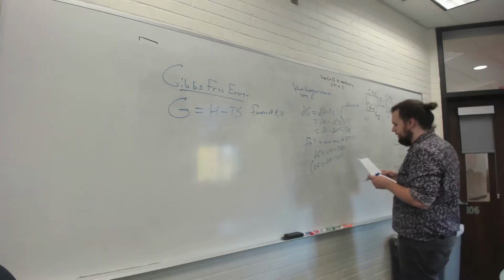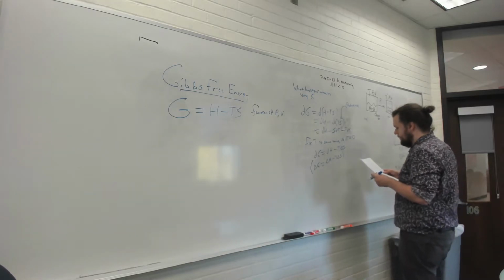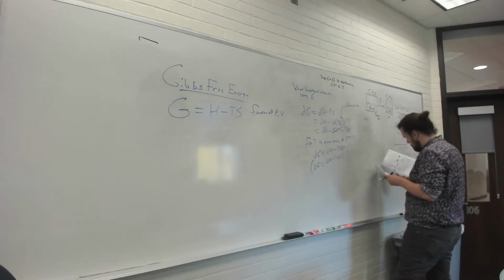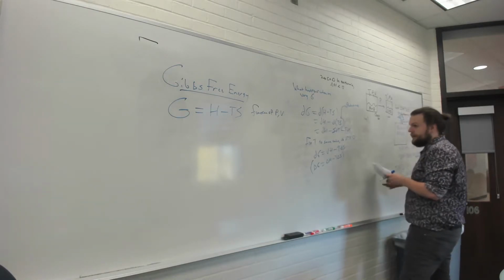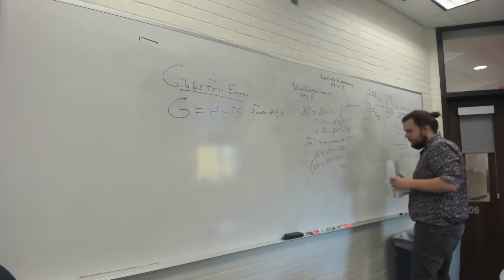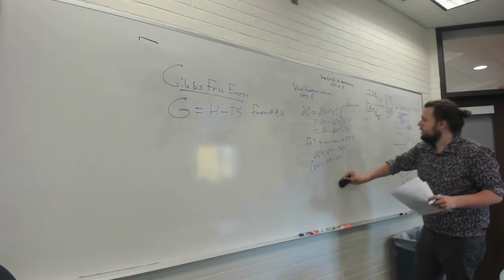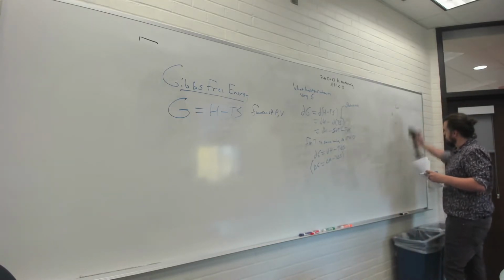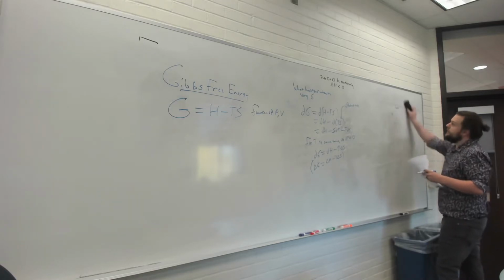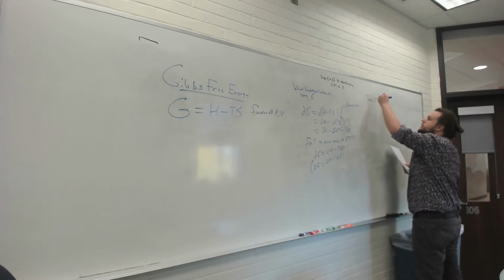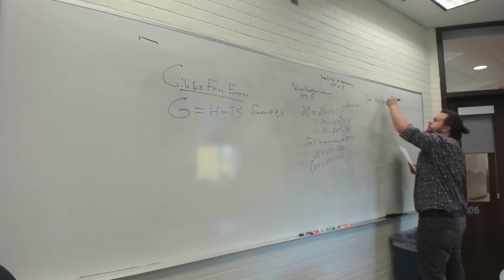And now what we can do is use the first law, and we can now expand enthalpy in terms of its definition. So now let's take H equals U plus PV.